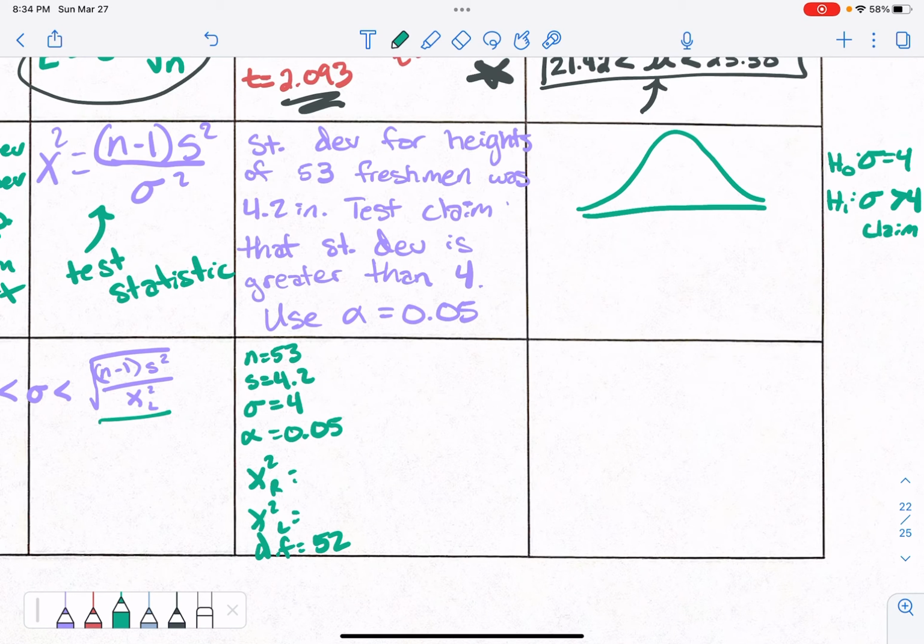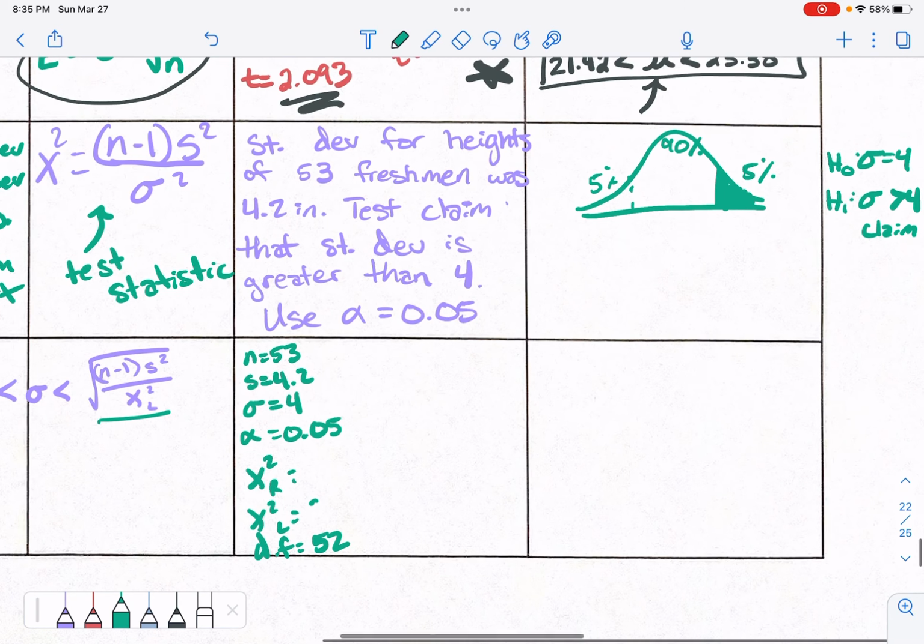50 degrees of freedom, and if we are doing greater than 4, that means we have one tail, and all 5% is going to go in that tail, and we have an imaginary 5%, so 90%, which I think are our middle two columns. 90%, 50 degrees of freedom, 37.689.